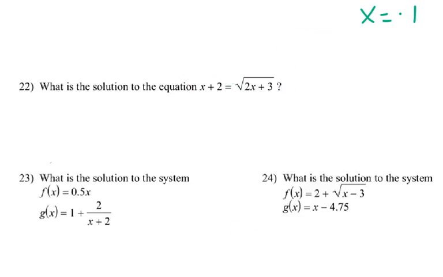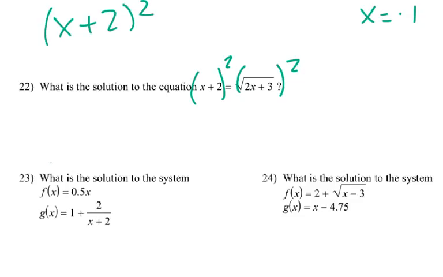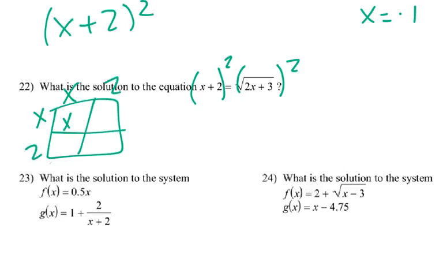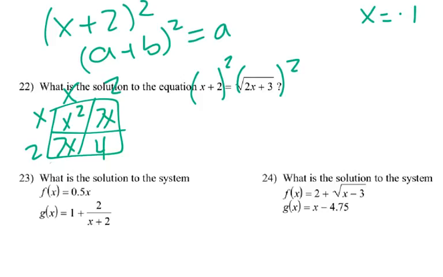So first thing I need to do, I've got the radical all by itself, so I'm going to square both sides. Now x plus 2 squared, that follows the pattern a plus b squared equals a squared plus 2ab plus b squared, so x squared, 2x, 2x, 4.